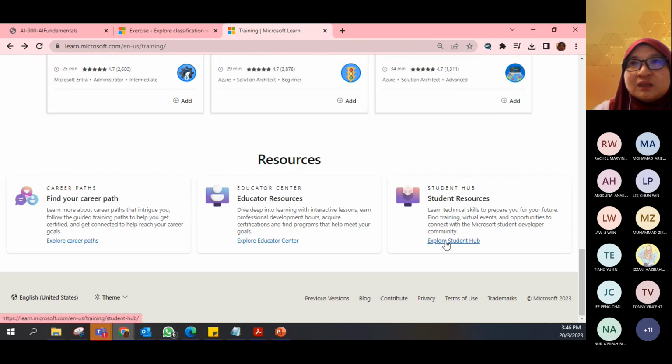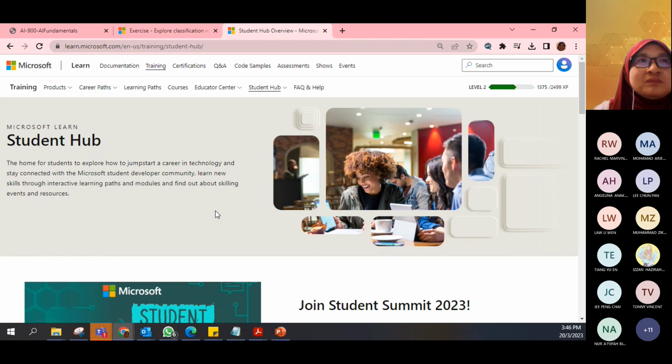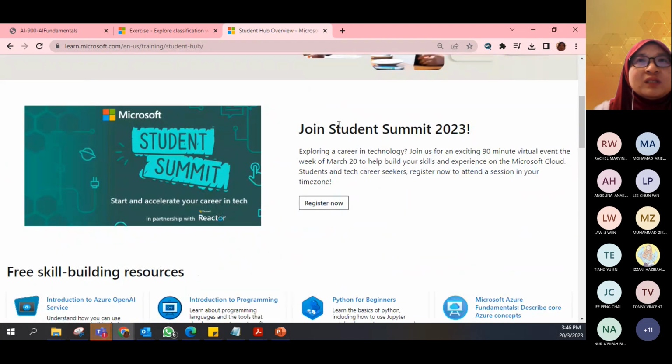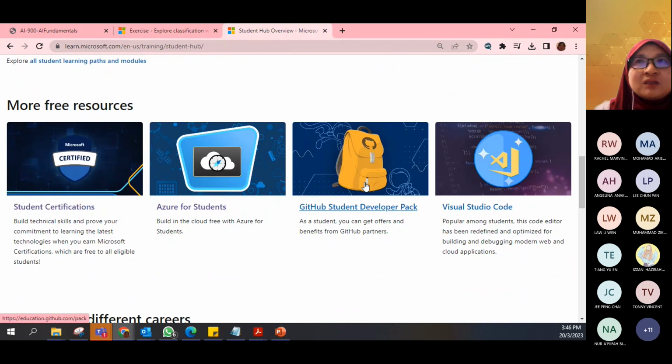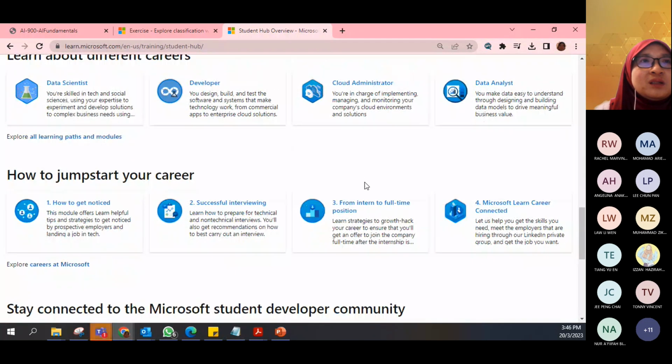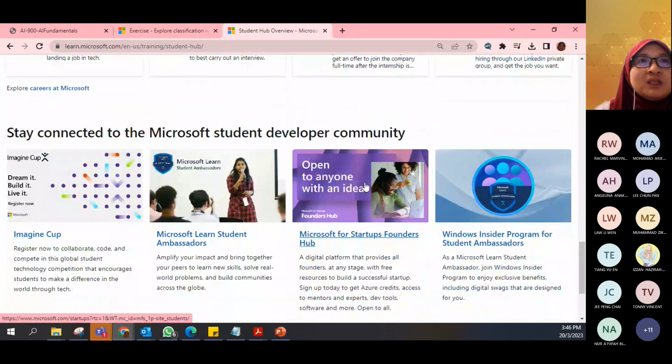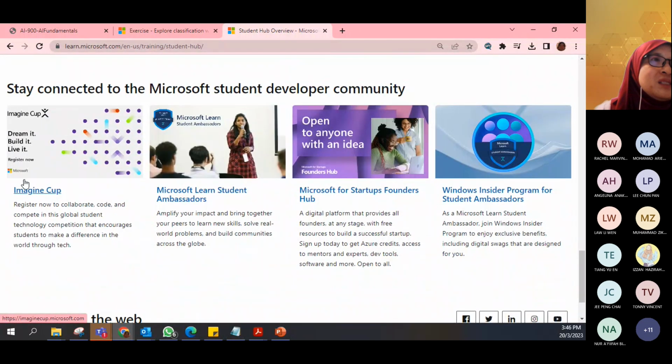This one is for students. You can join the student summit. Just be active with Microsoft's Student Developer Community, for example. Last time there was Imagine Cup. It's been a long time.